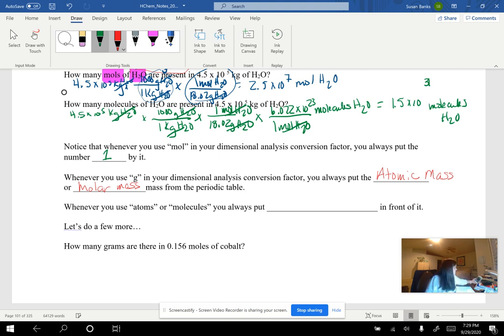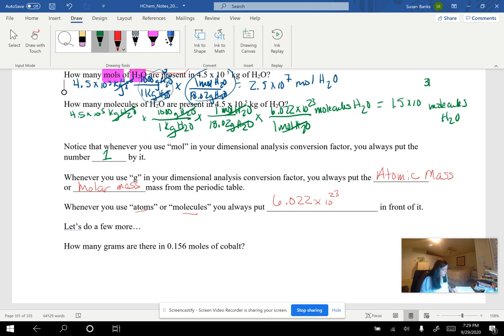Okay, so whenever I use the term atoms or molecules, I'm always going to need to use Avogadro's number, 6.022 times 10 to the 23. I'm always going to need to use that in front of it.